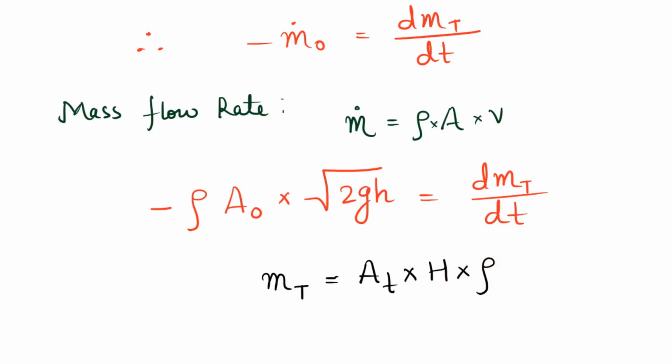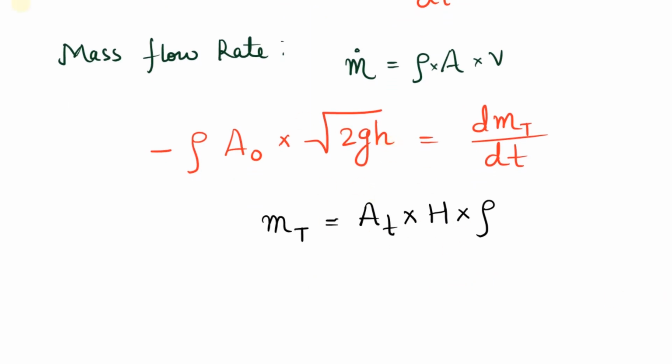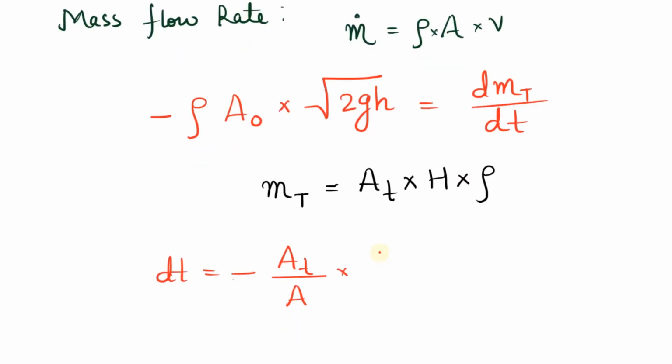So this will be mt. Now if we substitute it in this equation, we can write the differential equation as dt equal to minus AT upon A0, 1 by square root of 2g, dh upon square root of h, taking all these quantities to the right hand side. Let's write h as capital H here.